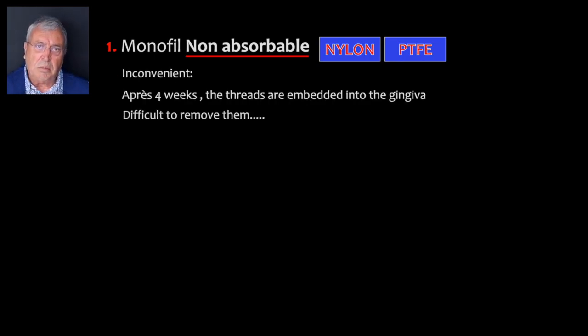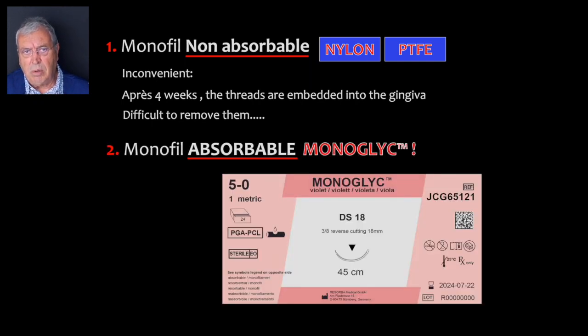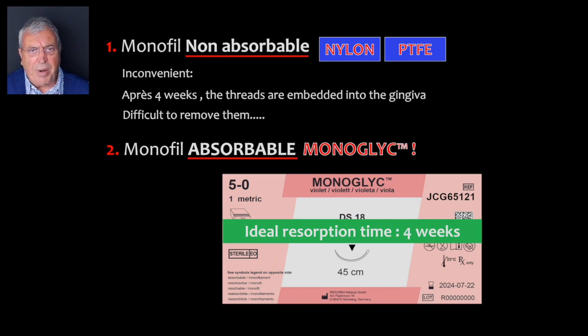Yes, but after 4 weeks, the threads will be embedded into the gum. It will be difficult to remove them. Then there is only one solution, which is to use an absorbable monofilament. There are plenty of absorbable monofilaments. This one has just the ideal resorption time, 4 weeks.